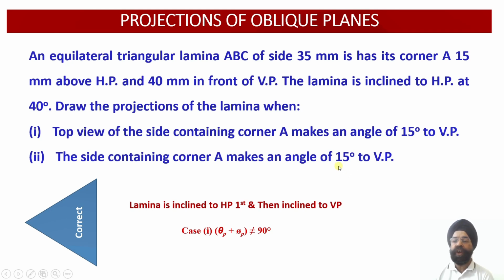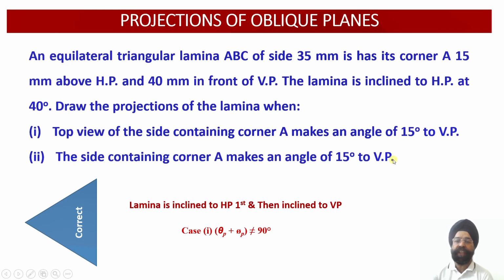Now we'll make use of principles of rotation of line method to evaluate angle beta with respect to angle phi. So angle phi is available, true length is available, apparent length is already available in the previous view. Combining this information, we'll be able to work out angle beta. And once angle beta is available, then the projections of the lamina will be evaluated for the second case as well.